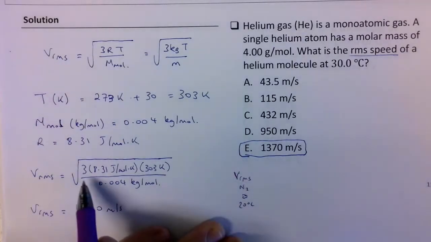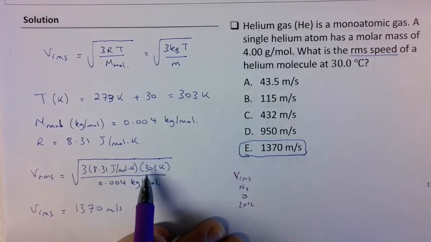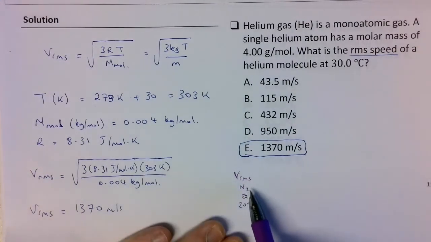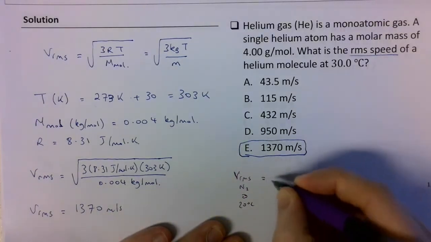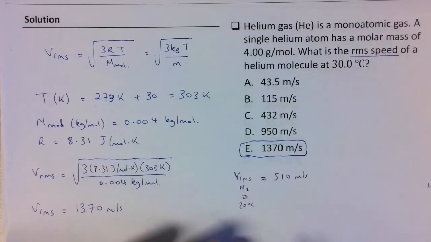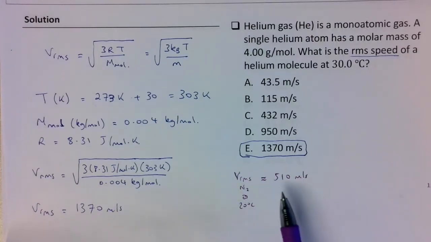If you work out your calculations at room temperature, 293 Kelvin, and 0.028 kilograms per mole, you get about 510 meters per second. So your RMS speeds for typical gases at room temperature are quite high, many hundreds of meters per second.